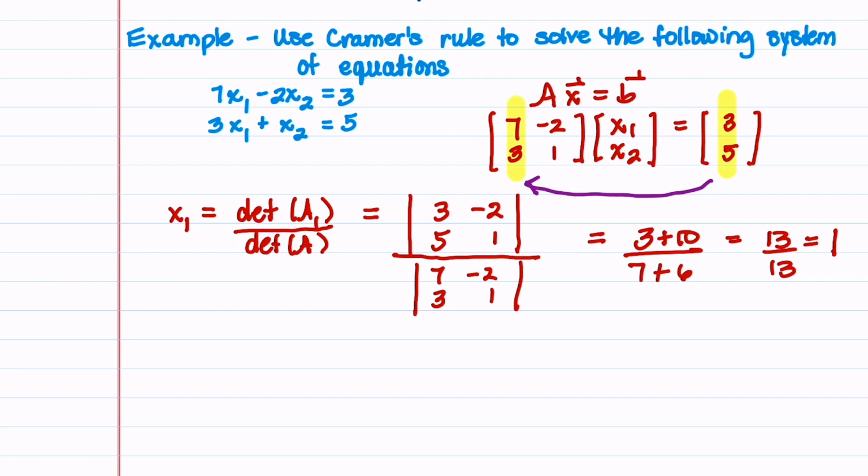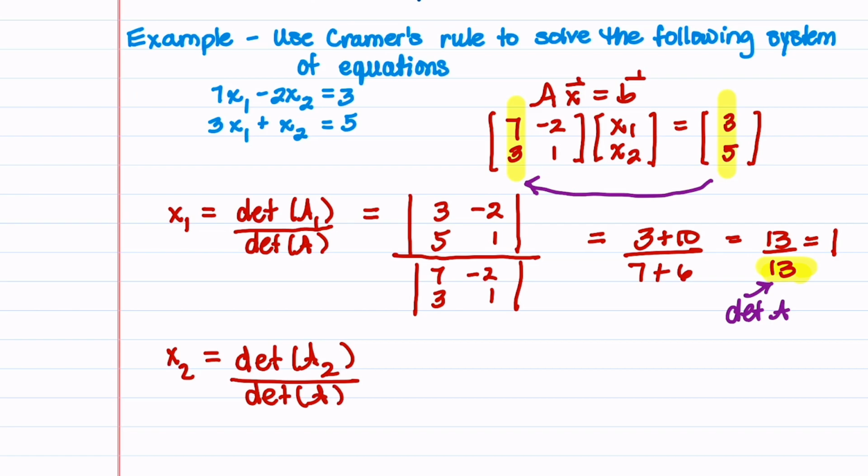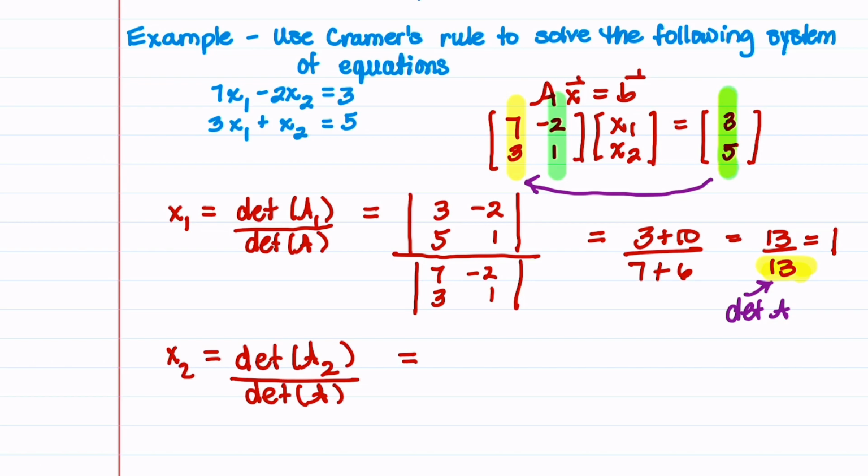Let's highlight our denominator and note that that is our determinant A. And then we won't have to compute that again when we're calculating X2. So X2 is determinant A2 divided by determinant A. To calculate determinant of A2, we're going to take the second column and replace it with B. This gives us 7, 3, 3, 5 divided by determinant A, which we already calculated to be 13.